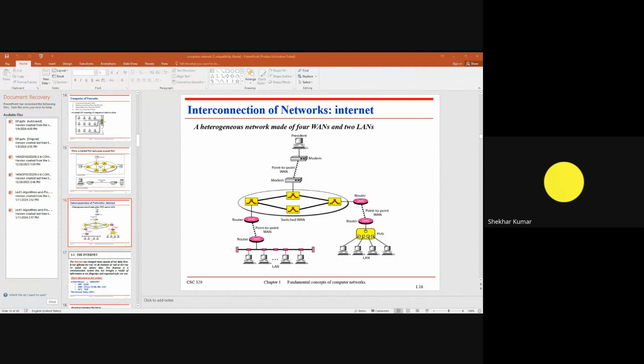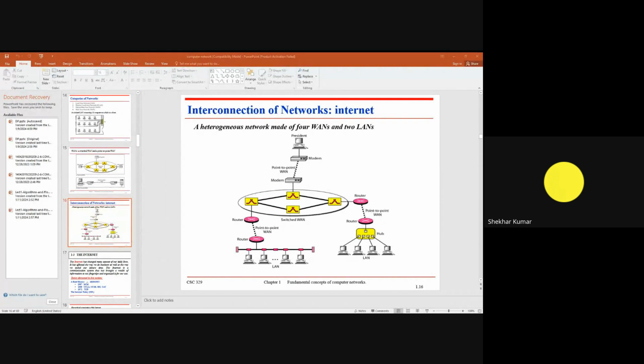Then there's WAN, wide area network. A wide area network is a network system connecting cities, countries, or continents. It is a network that uses routers and public communication links, servers, proxy servers.